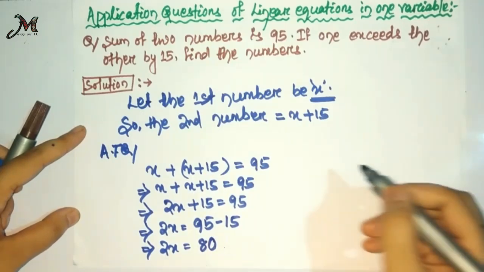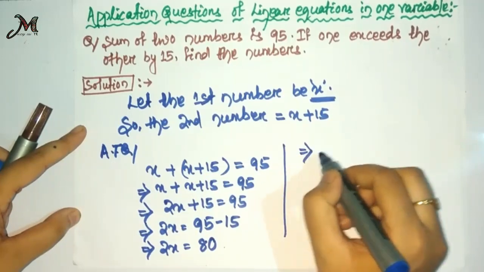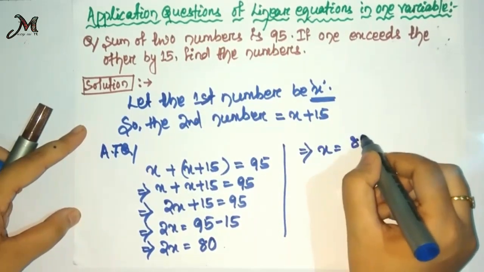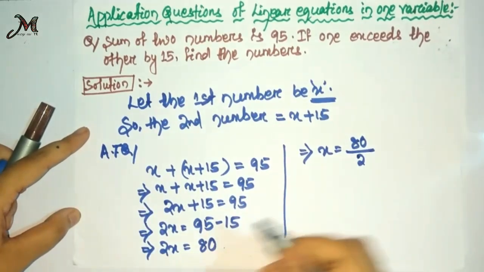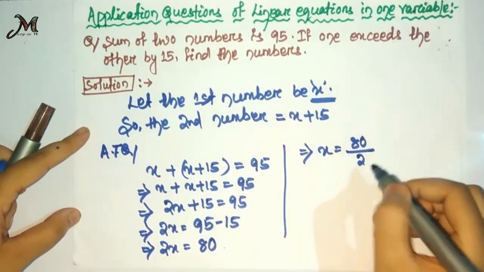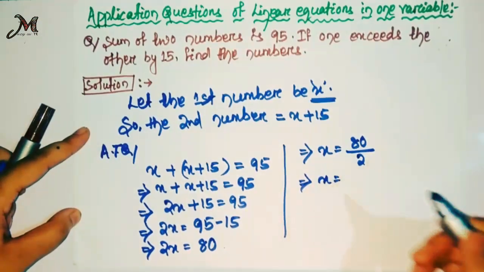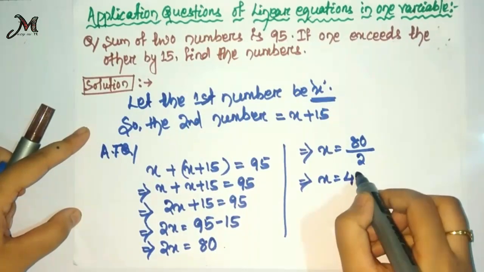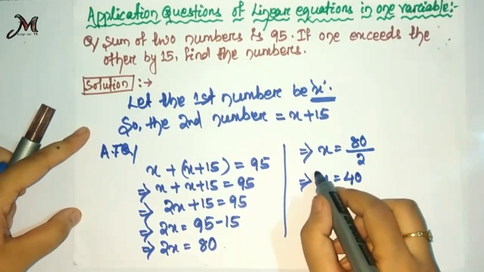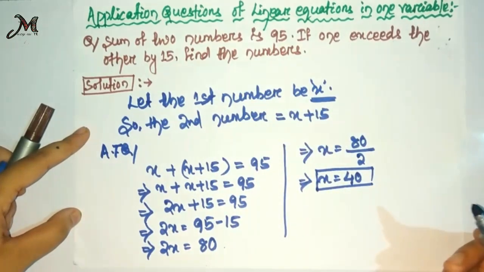So 2x is equal to 80. Now we can write, that implies x is equal to what? 80 divided by 2, because 2 will be transposed to the right hand side and the term will become 80 by 2. We can simplify and we will get x is equal to what? x is equal to 40. That means the first number is 40. Now we'll find the second number.